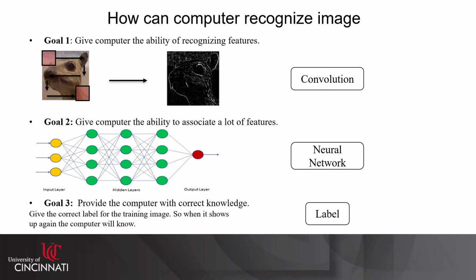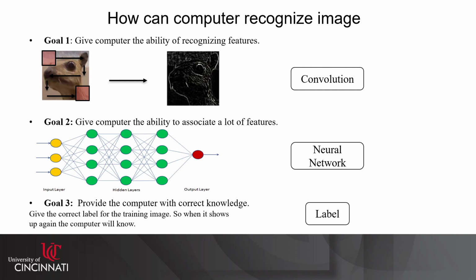This is the most basic item that we need. A convolution is basically a computation method that gives the computer the ability to extract features from the image.